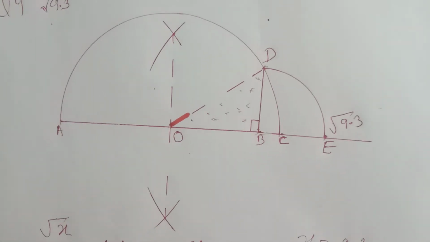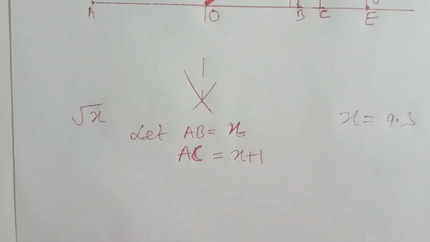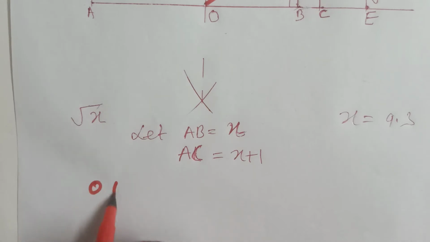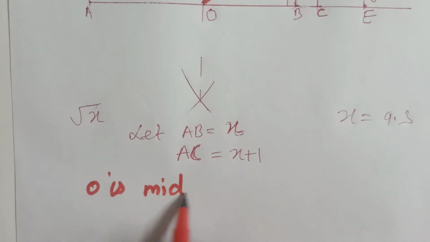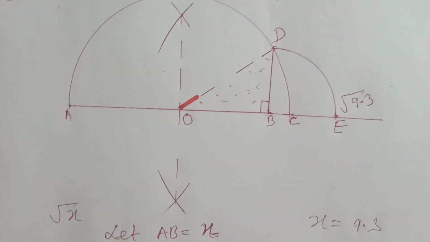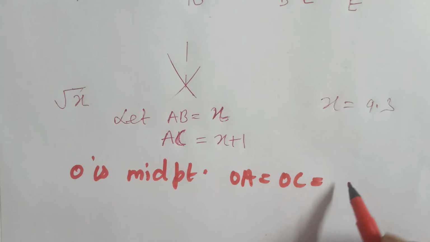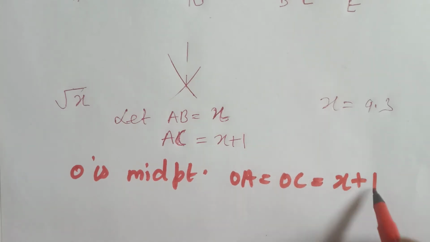Since AB is x and AC is x plus 1, and O is the midpoint of AC, OA is equal to OC is equal to x plus 1 upon 2.